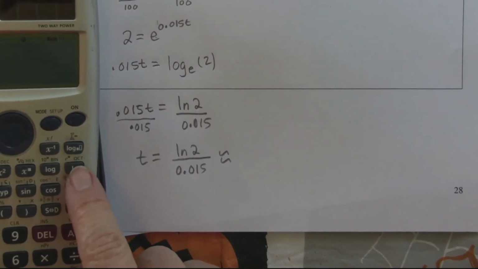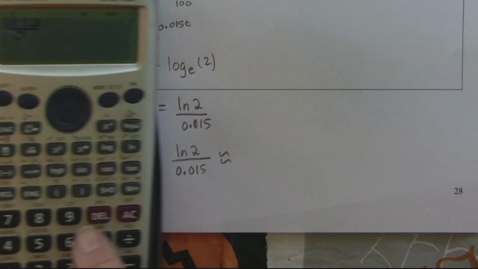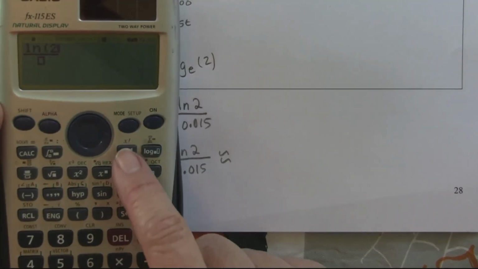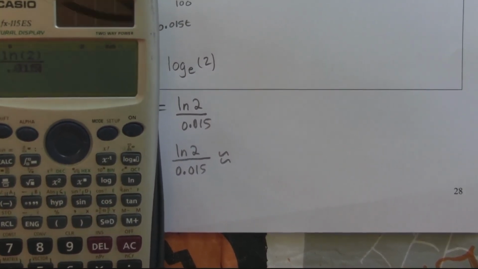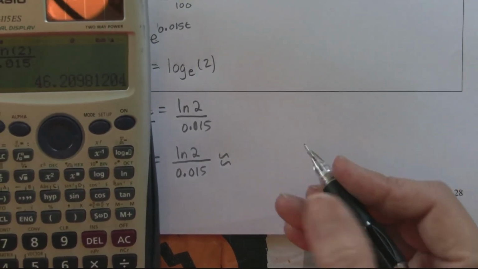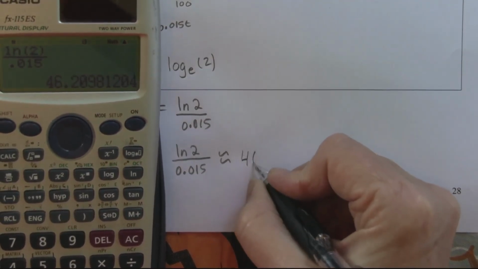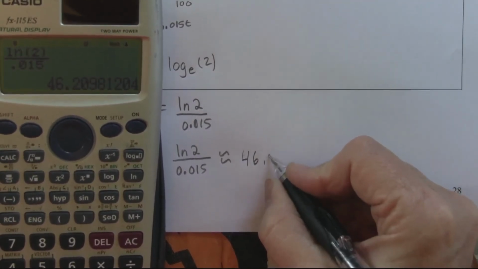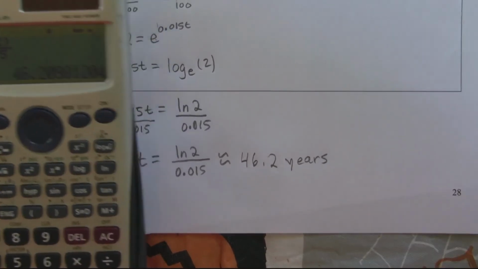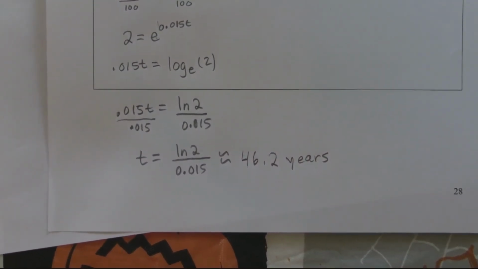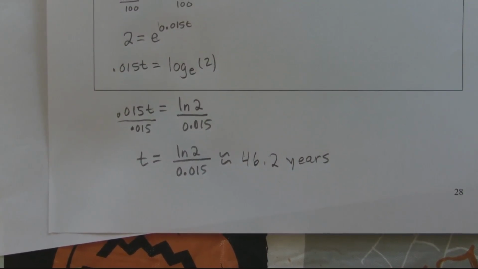So fraction, natural log of 2, so I'm putting it in my calculator, and divided by 0.015 equals, and we're getting 46.2 years. And so the next number was a 0. So it doesn't shave off very much time to have it compounded continuously.